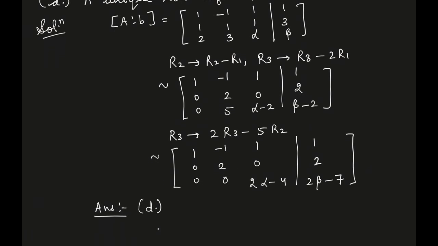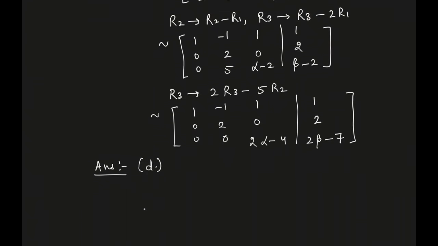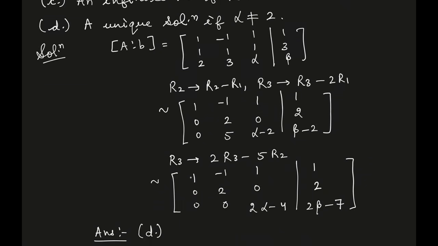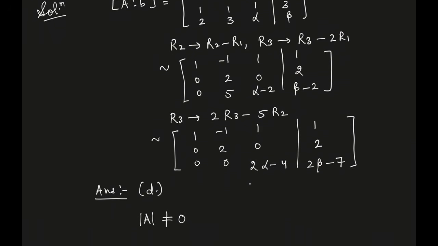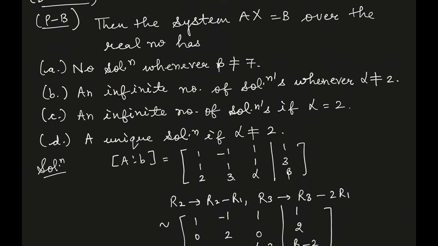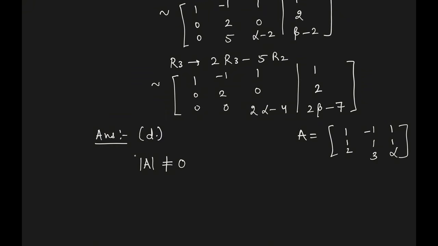Or you can use one more thing, that whenever I need to check for unique solution, then determinant is non-zero, for both homogeneous also and non-homogeneous also. Here system was non-homogeneous, so determinant should be non-zero. Determinant of A was [1 1 2; -1 1 3; 1 1 alpha]. Now for unique solution, determinant should be non-zero.